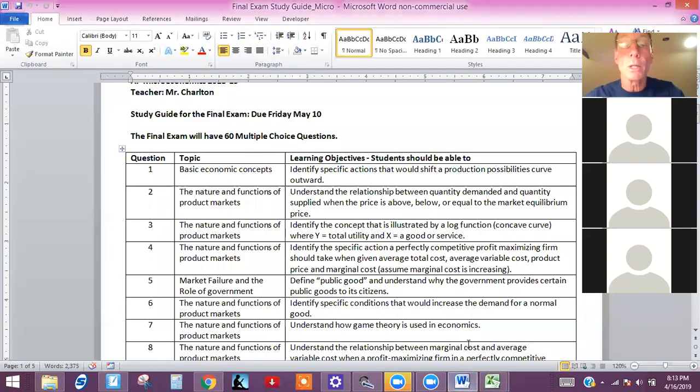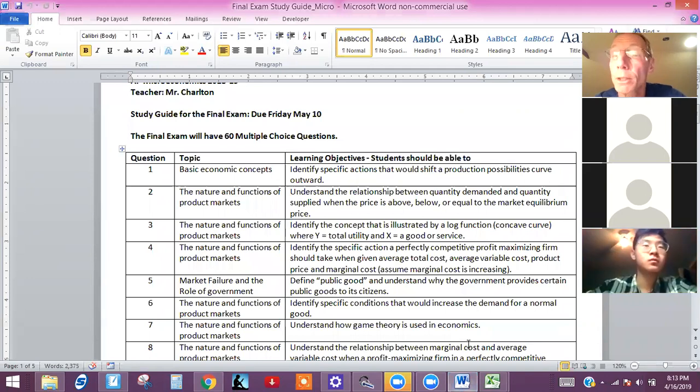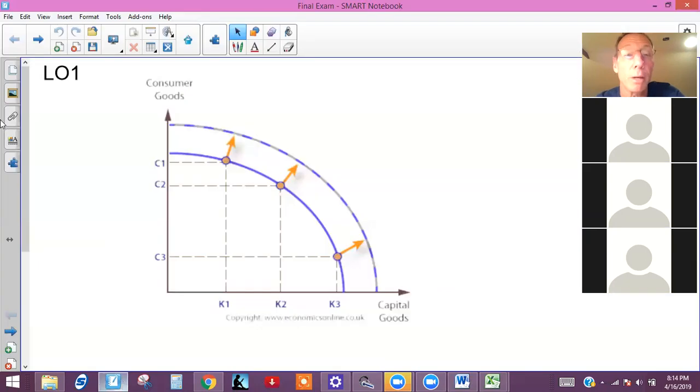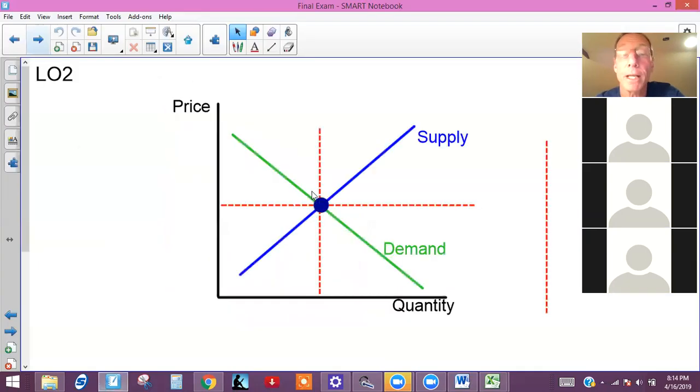Number 2, understand the relationship between quantity demanded and quantity supplied when the price is below, above, or equal to the market equilibrium price. This is simply sketching out a simple demand and supply curve and thinking about it, right?